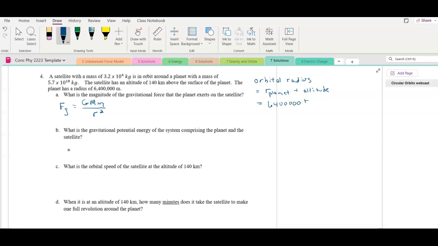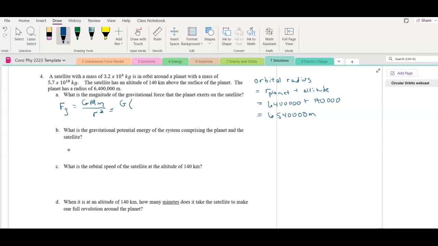The altitude was 140 kilometers, which is 140,000 meters. And when I add those together, I get an orbital radius of 6,540,000 meters.